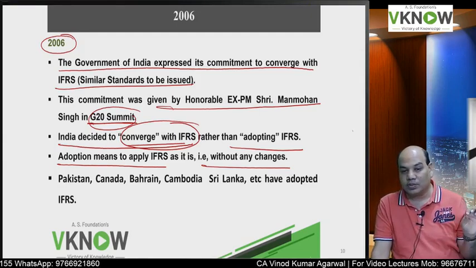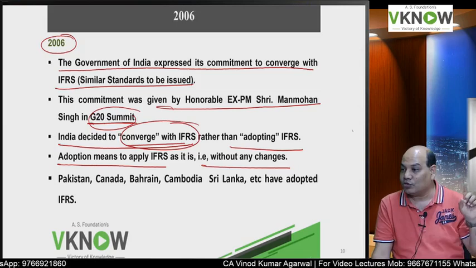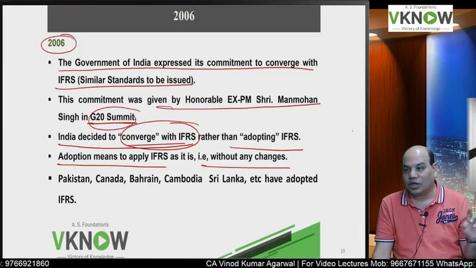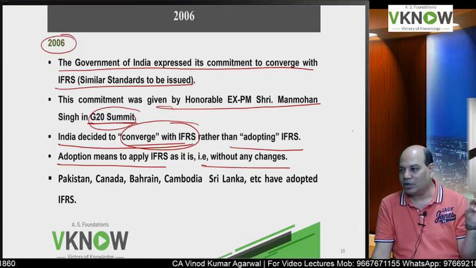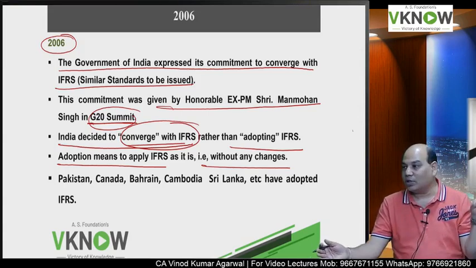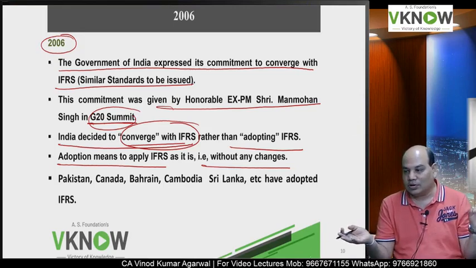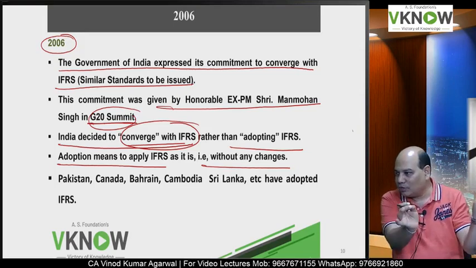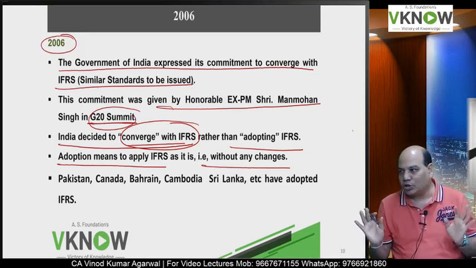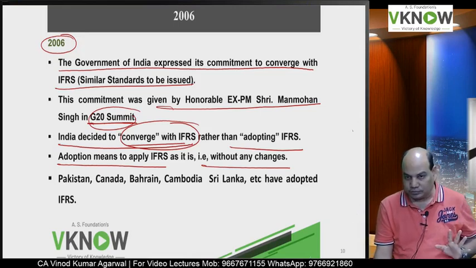For example, in the Companies Act, they use the term balance sheet, but IFRS uses the term statement of financial position. So if companies write statement of financial position and the Companies Act says the company will prepare a balance sheet, there is a difference. So we thought that instead of using the term statement of financial position, we will continue to use the term balance sheet. That was one example.